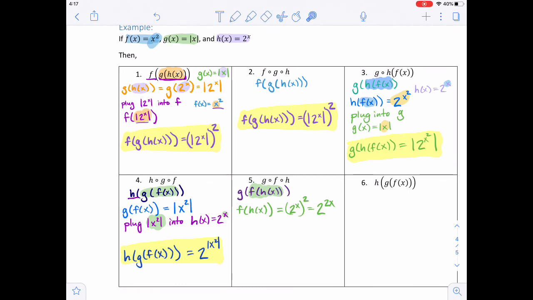Really quick side note, this is not the same as this. Here we put a square into the exponent. Here we squared something with an exponent. Those are two different things. Be careful with that. All right, so once we've got this, we need to plug what we just got, which is 2 to the 2x, into g of x, which is the absolute value of x.